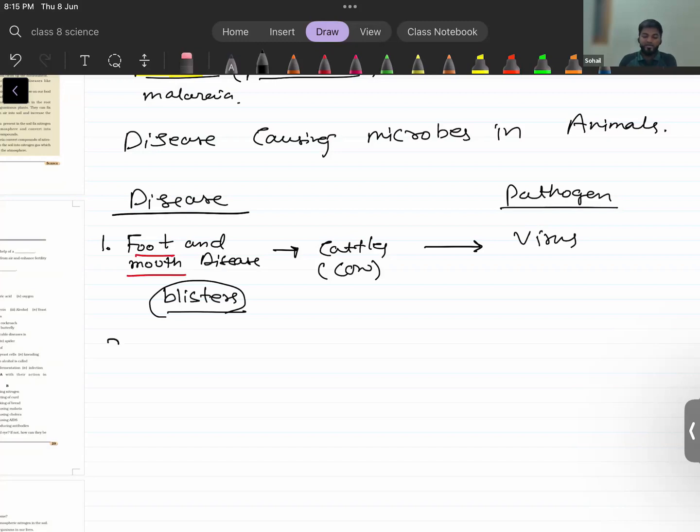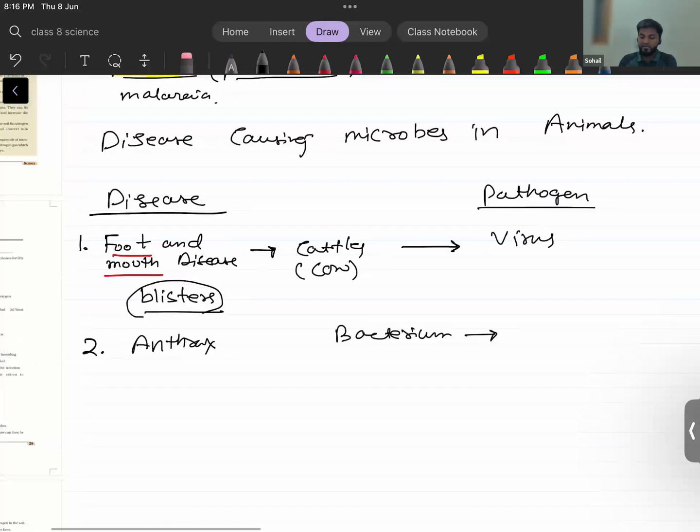Now the next disease caused by pathogens in animals is anthrax. It is caused by a bacterium. If you can remember the name of the bacteria, I will write it here.